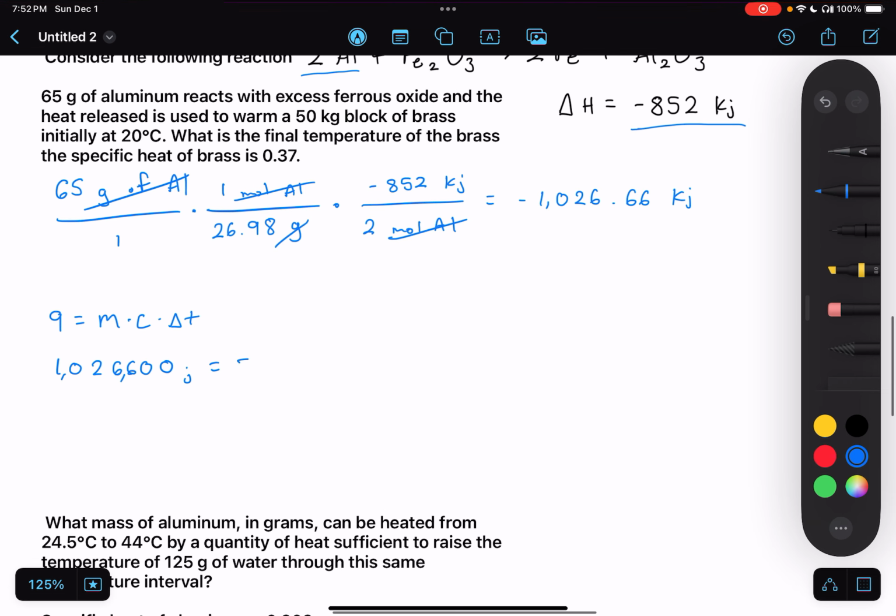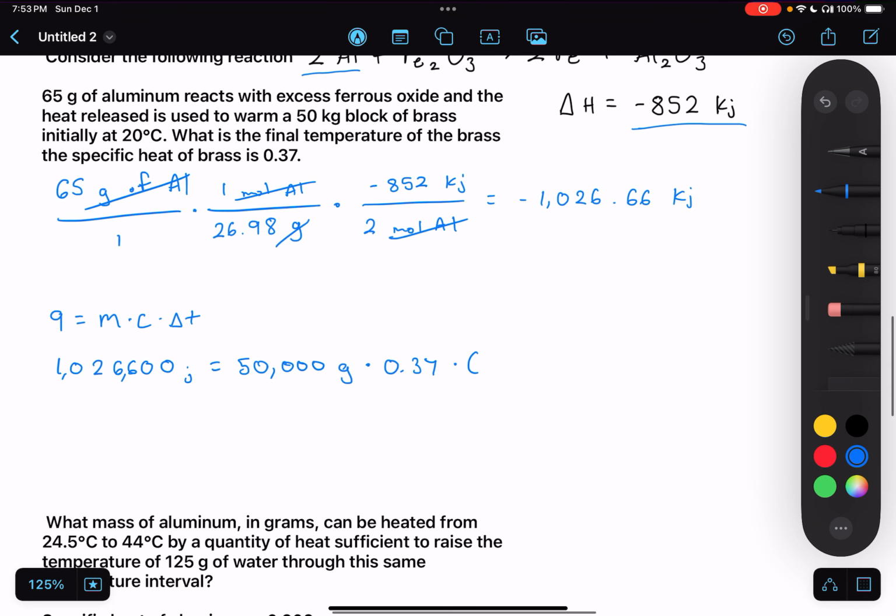Okay, equals 50,000 grams times the specific heat of brass, 0.37. And they want the final temperature of the brass.